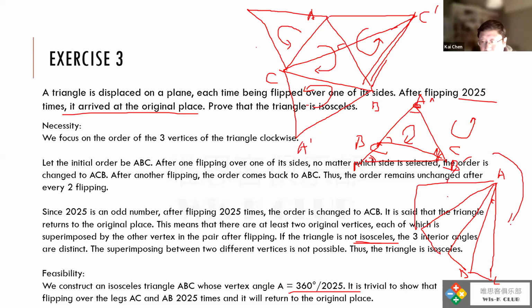And after 25 times of flipping, you are coming back at ABC, but of course it's ACB. But since AB and AC are equal lengths, you have the isosceles, so ABC will be superimposed by the ACB perfectly. So that is the feasibility or necessity. Okay.